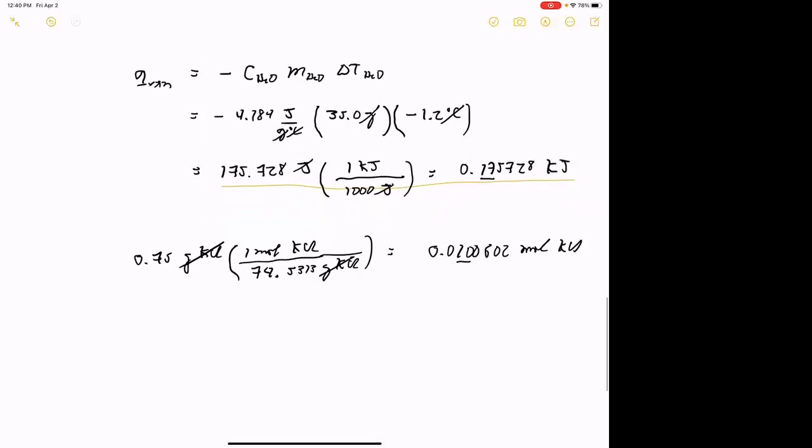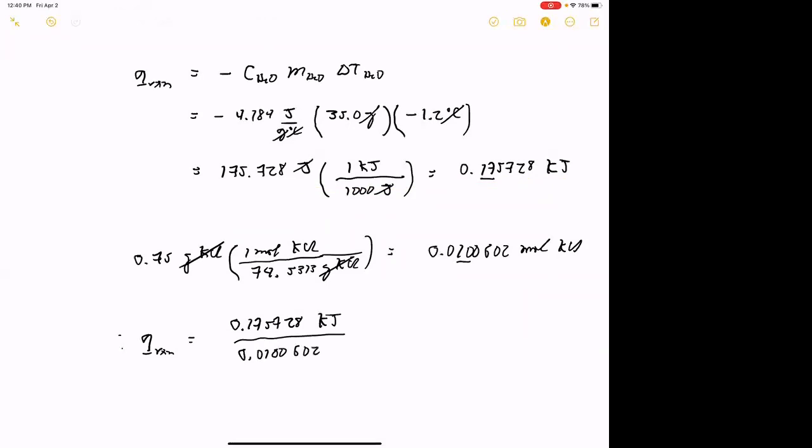So now I can get kilojoules per mole, right? So now my Q for my reaction, if you will, in the correct units, is going to be the heat, which is 0.17527175728. There we go. Kilojoules of heat, positive, divided by the 0.0100602.